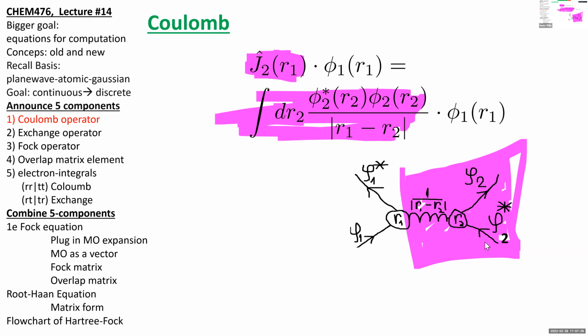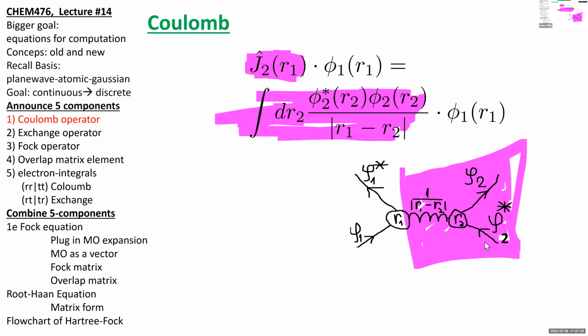I'm pointing at the top line, which needs such an operator, which I call J sub 2, that will act on electron number 1. It means we need to perform an averaging over all possible positions of electron 2.